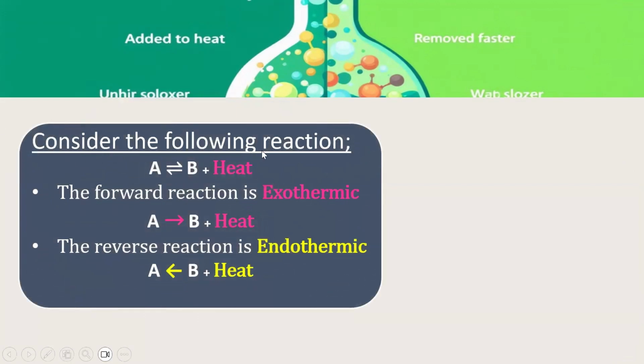Consider the following reaction. A reactant A produces a product B and heat, and this reaction is at equilibrium. That means that if we look into the forward reaction, the forward reaction produces heat as a product, so it's an exothermic reaction.